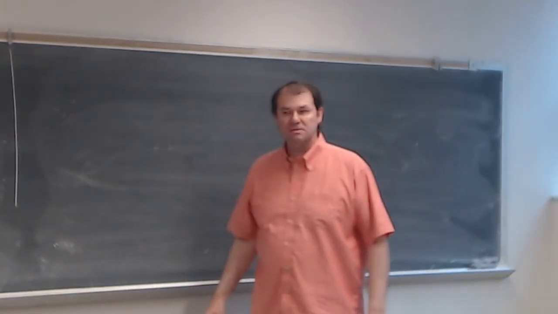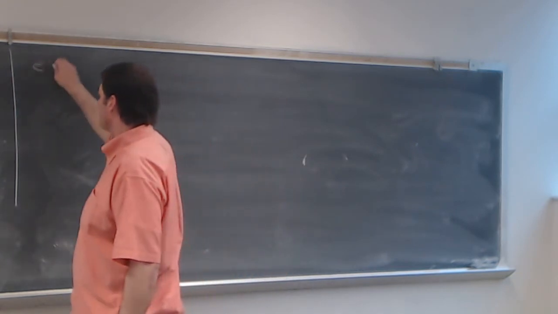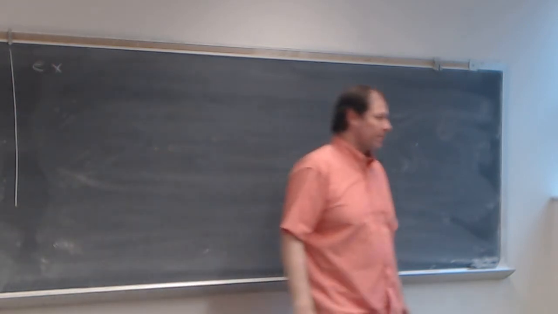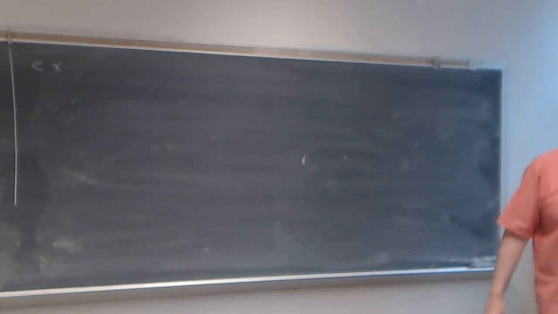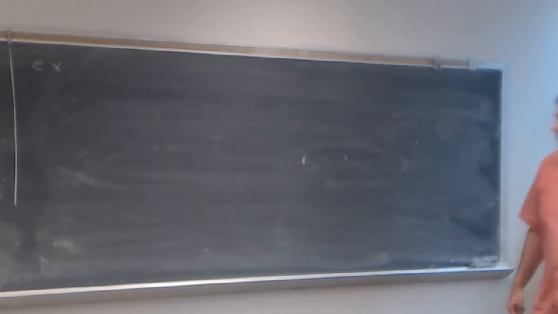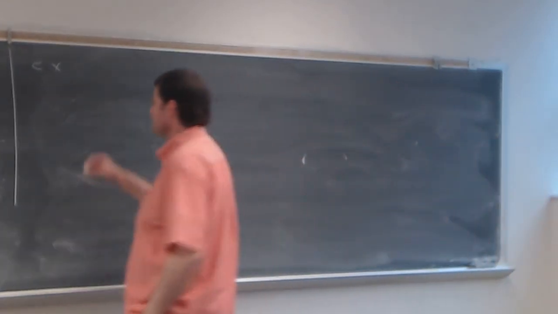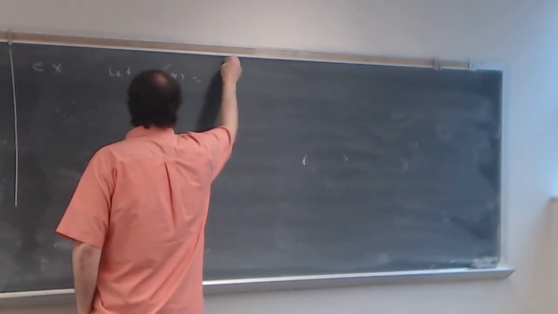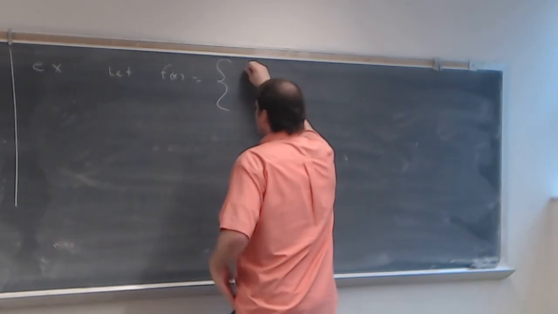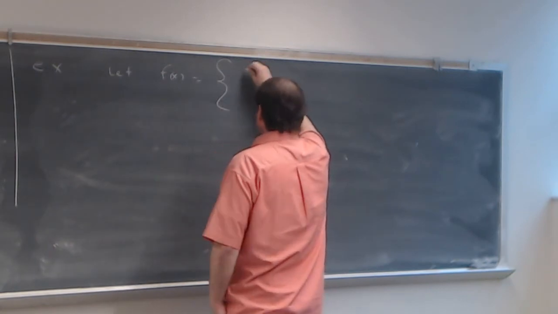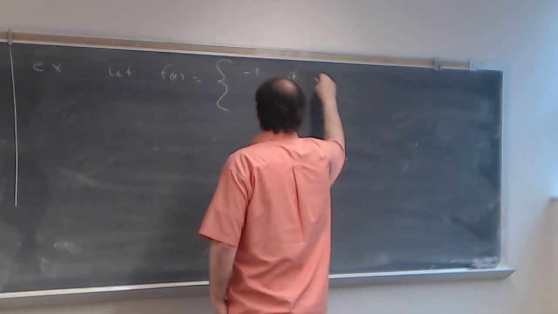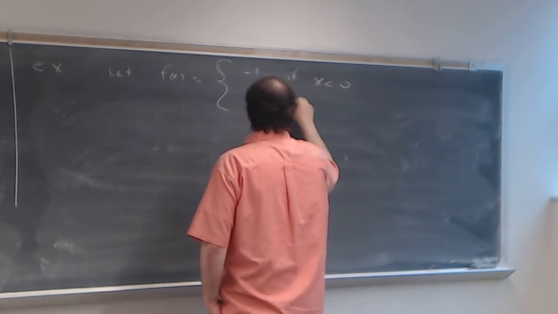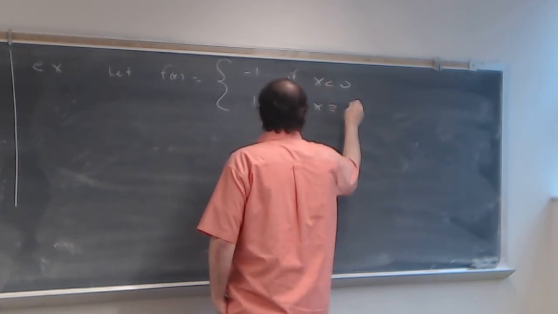Let's look at an example of this in just a second. We'll look at an example we looked at before. Let f of x be defined in the following way: minus 1 if x is less than 0, and 1 if x is greater than or equal to 0.